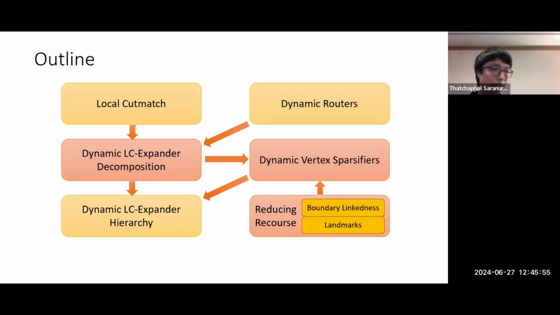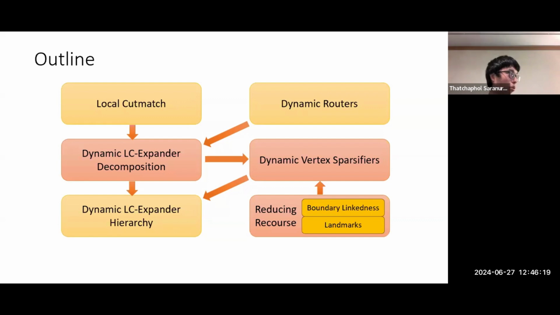And here's today's outline. We'll start from two tools called local cut match and dynamic routers. Then we use these two tools to develop an efficient algorithm to maintain the length constraint expander decomposition. With this, we can construct our dynamic vertex classifiers.